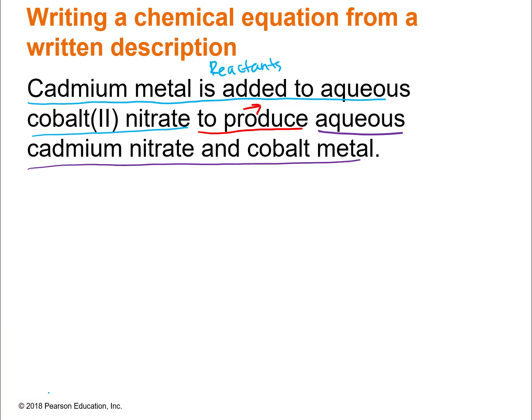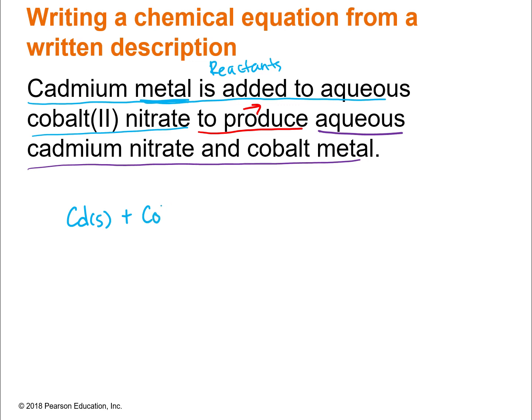Let's start with the reactants. Cadmium metal, that's a solid. So anytime you see something like cadmium metal, when you see the word metal and it doesn't have a specific descriptor of the state of matter, assume it's a solid. Is added to aqueous cobalt 2 nitrate.